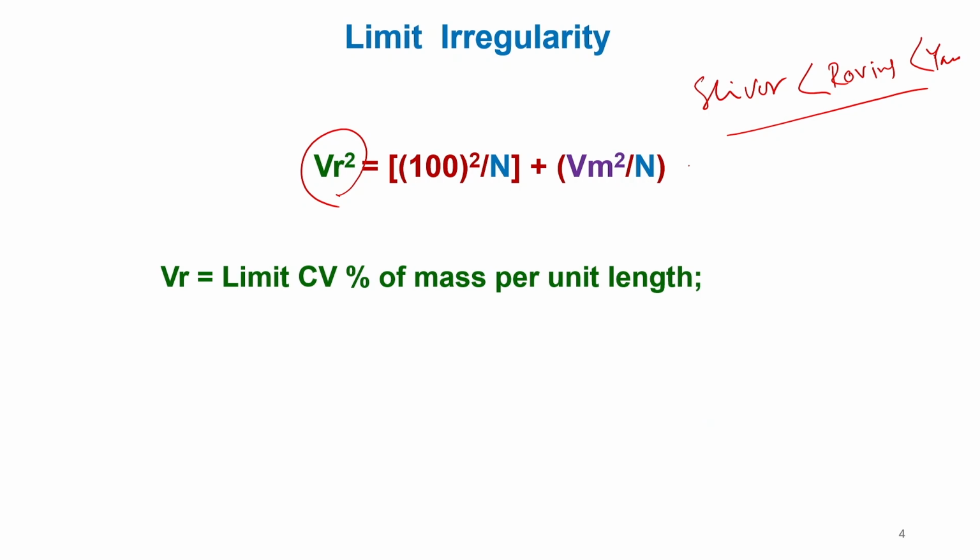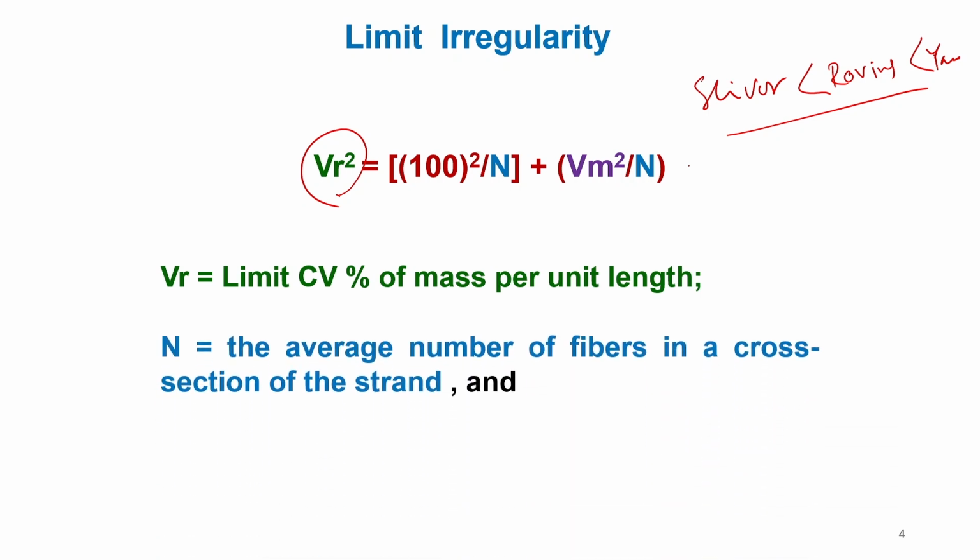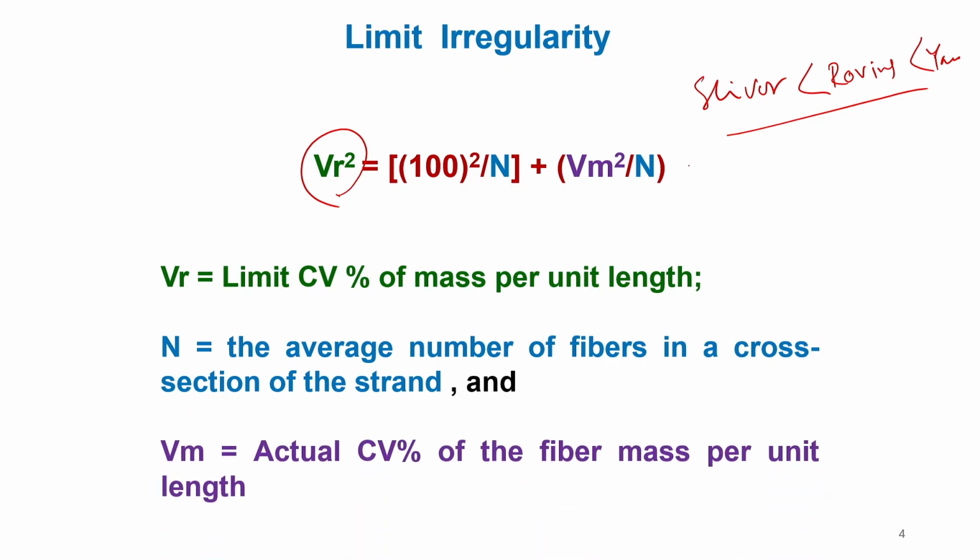So, Vr is the limit CV of the mass per unit length, n is the average number of fibers in the cross section, and Vm is the actual CV percentage of fiber mass per unit length. So, mass per unit length variation is there, this is for fiber.